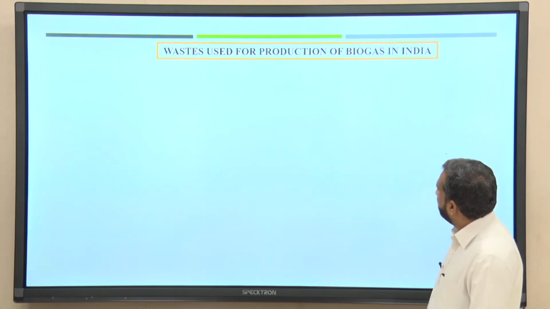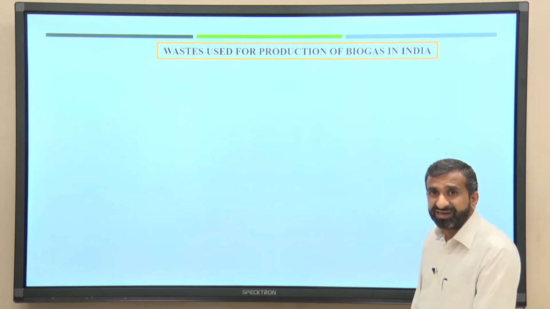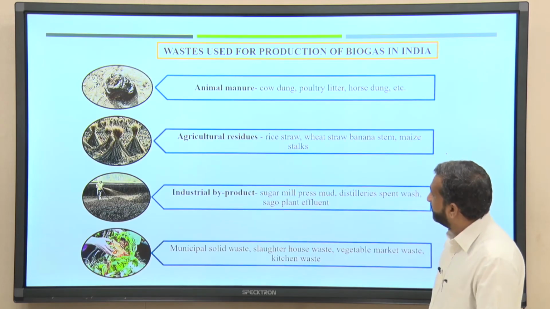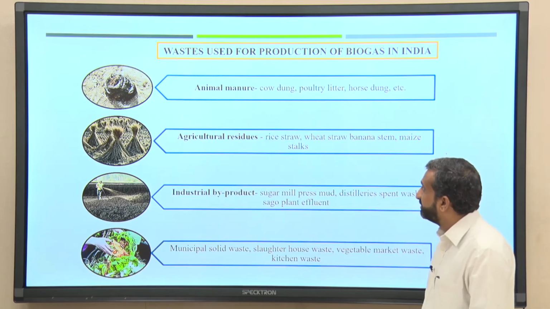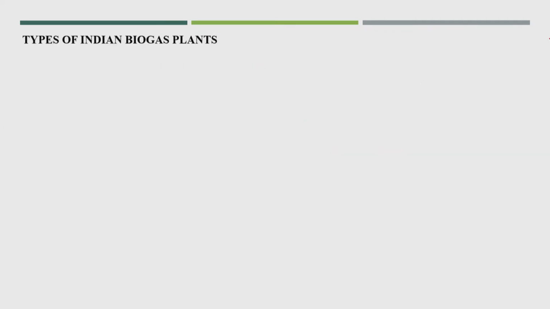Now, for the Indian scenario, there are different kinds of waste and different reactors. There are different kinds of waste: animal manure like cow dung, poultry litter, or even piggery waste in the northeast, agriculture residue of various types, industrial byproducts, and MSW, especially food waste or vegetable waste, which are possible to utilize for biogas production.